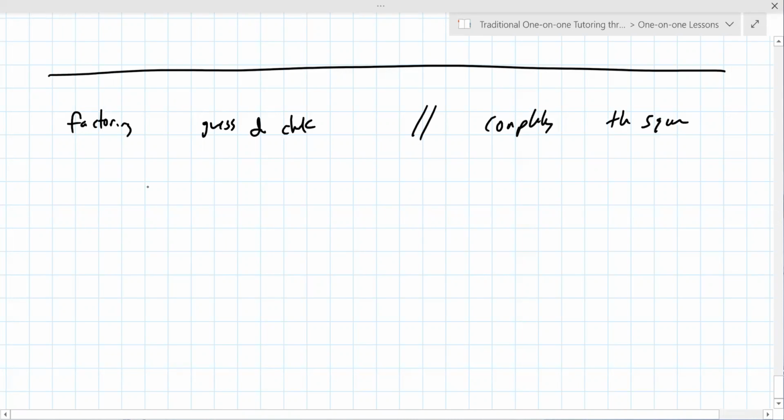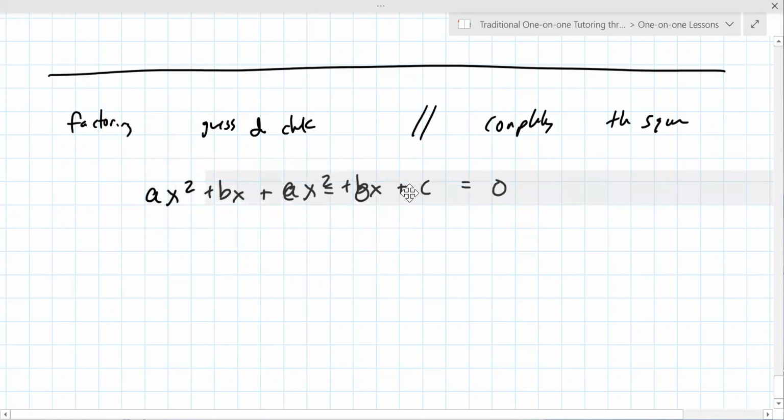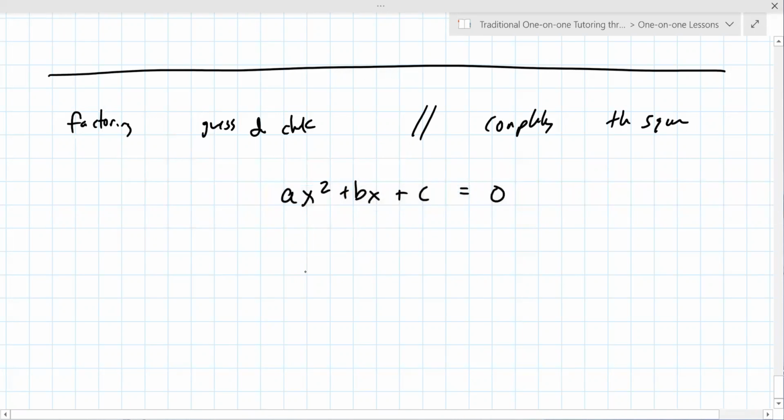What you're looking for is they're of this type: ax squared plus bx plus c equals 0. They're both of this type. What does that look like? It could be x squared plus 4x plus 2 equals 0.